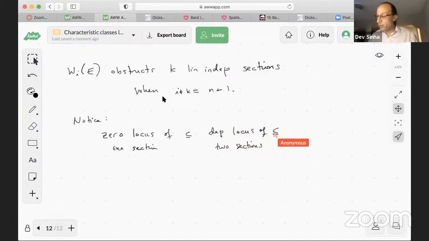And we're looking there, and we're considering the Stiefel-Whitney class associated with the dependence locus of K sections. And really, what do I mean by dependence locus?